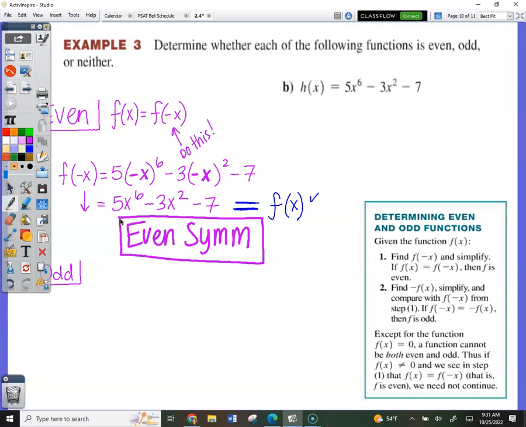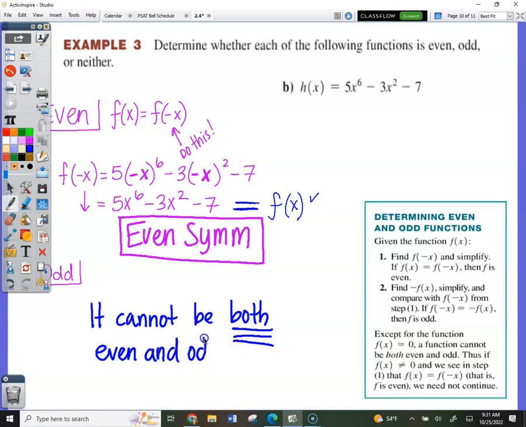It can't do both. Okay? Yeah, it could be neither. So make a note: it cannot be both even and odd. And the easiest way to remember that is there is no number that's considered both even and odd.